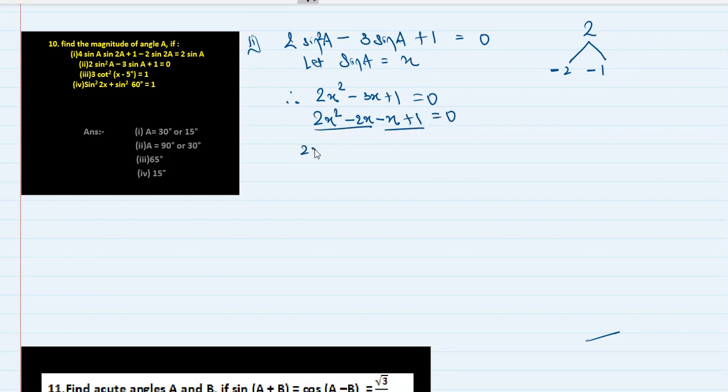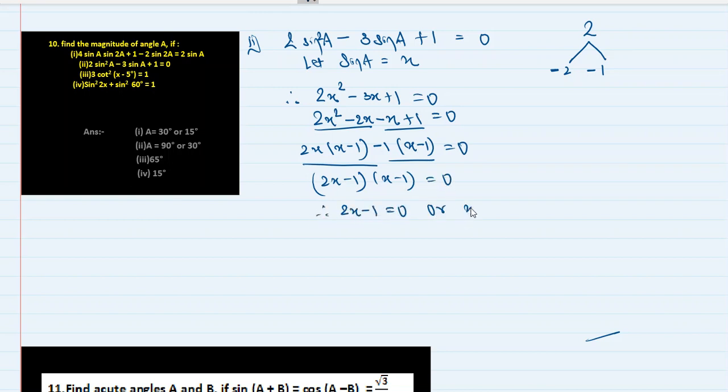So 2x comes out common. x minus 1, minus 1 comes out common. x minus 1 is 0. So 2x minus 1, x minus 1 is 0. Therefore 2x minus 1 is 0 or x minus 1 is 0.